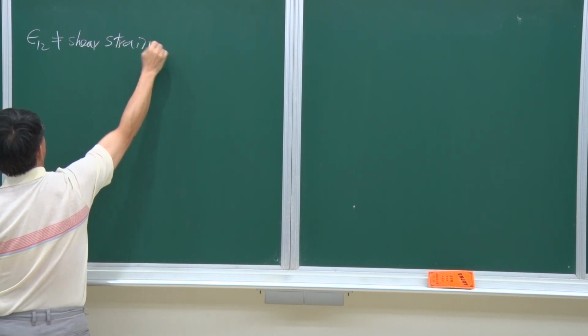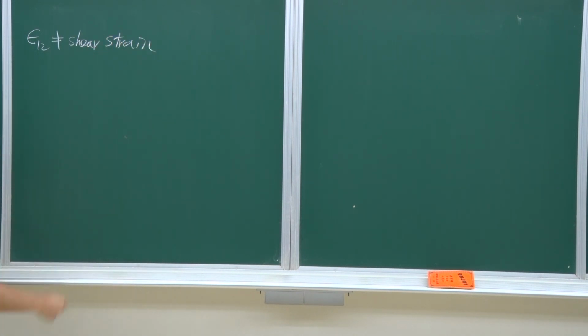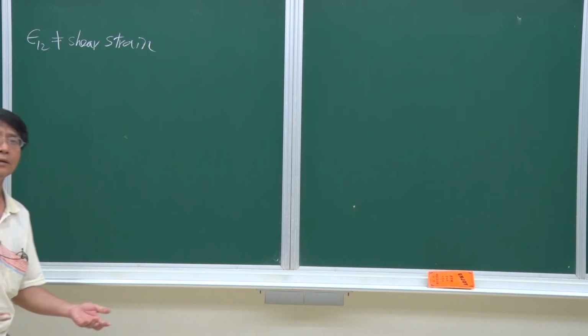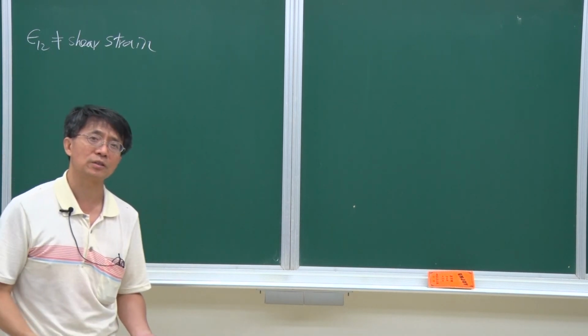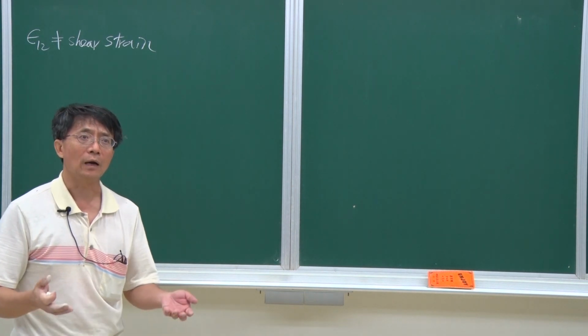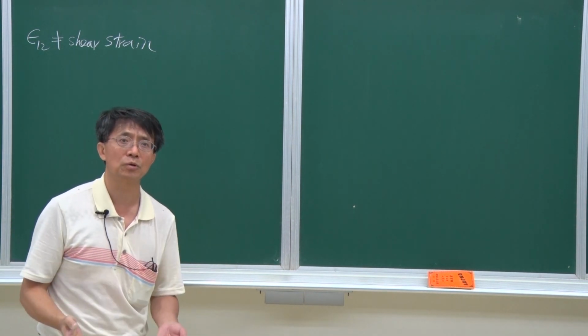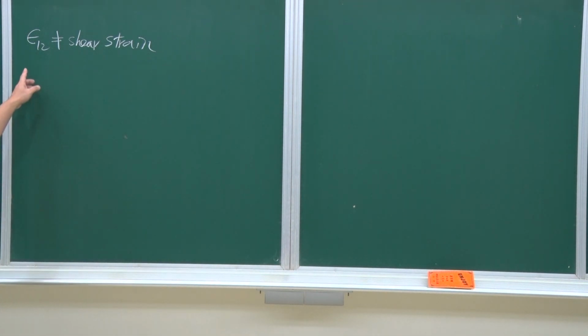F12 is not the shear strength. Why? Because it is only a part of the shear strength, not all of it. So it is very confusing to use F12 as the shear strength, because when F12 equals 0, there's still some shear deformation. It is misleading to take F12 as a shear strength.